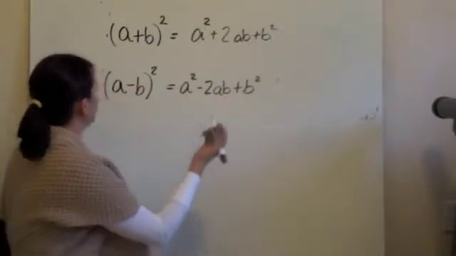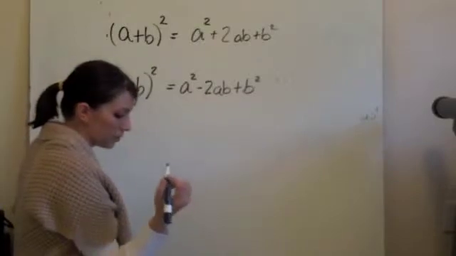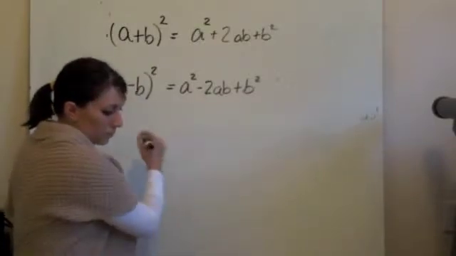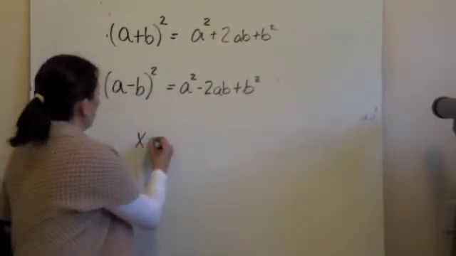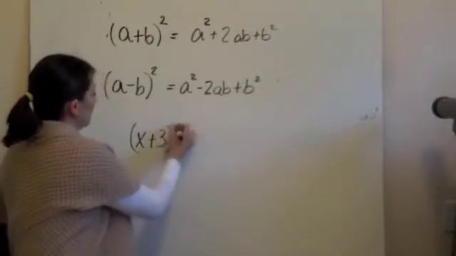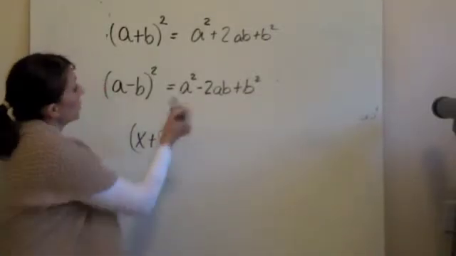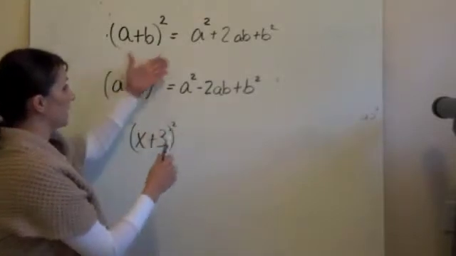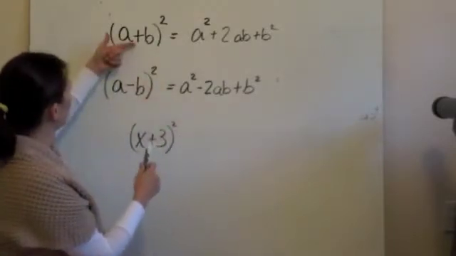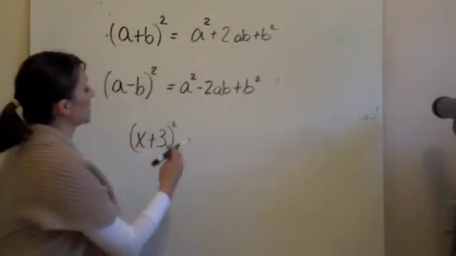So, for example, I'm going to just do a little problem here. Let's see. x plus 3 squared. So if we were to use this following one of these two, we see that it has the addition, so we know it's like this binomial.